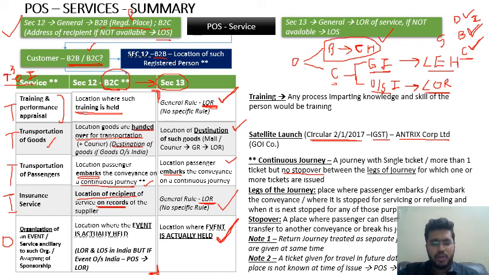So thank you. I hope this would have been helpful for you, and you can remember this acronym T3OI, or TTTIO, or whichever is comfortable for you. So we have learned 5 services under section 12 and the corresponding section 13. We will see the remaining in our next video, my friends.